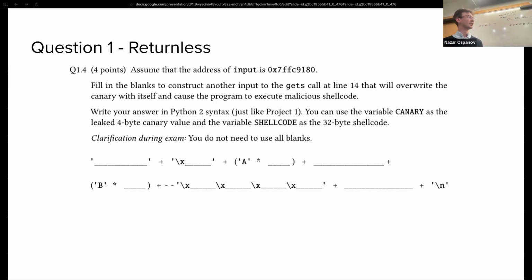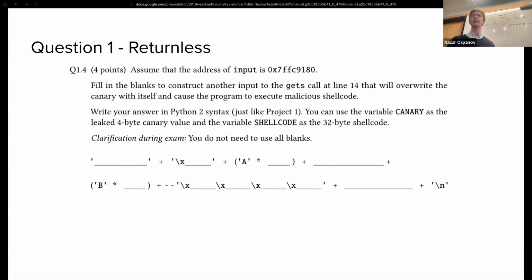I also thought that the i is multiplied by 4, so it overwrites the SFP. Actually, one of them was 4, it should overwrite SFP. You're definitely on a good way, especially since the canary is right below the SFP. I think your reasoning is definitely good.